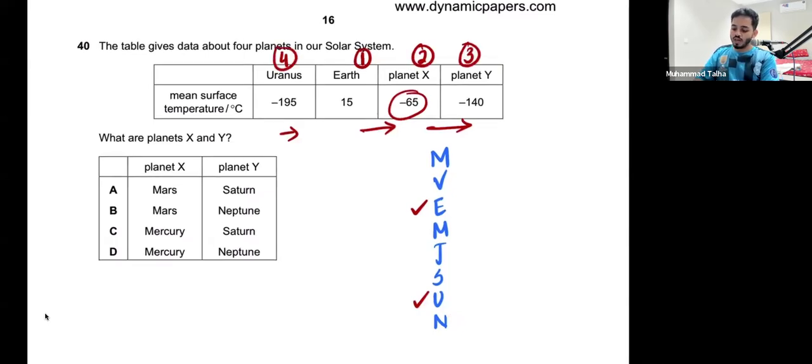So after Earth and between Uranus, I'm looking for either X as Mars and Y as Jupiter, or Jupiter Saturn, or Mercury Saturn for that matter. Either this and this, or this and this, or this and this, right?